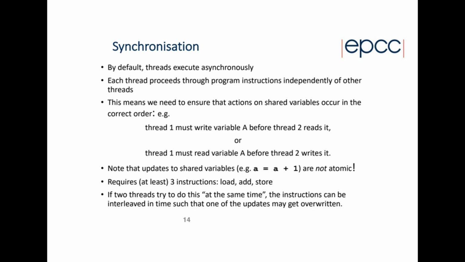So this means that we need to ensure that actions on shared variables occur in the correct order. In that previous example, we have to make sure somehow that thread 1 writes variable A before thread 2 reads it. And sometimes we want the other way around. Sometimes we want the opposite effect. We want thread 1 to read the old value of A before thread 2 writes something new into it.